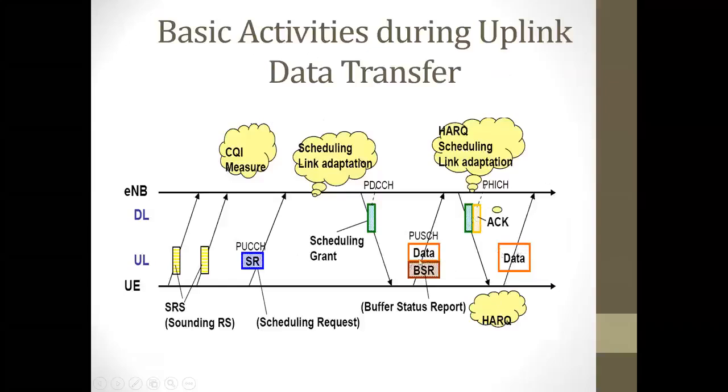Now, before you begin actual uplink transmission, you use SR. But once the uplink transmission starts, you just keep notifying how much data you still have in the buffer. Instead of SR, you send BSR.